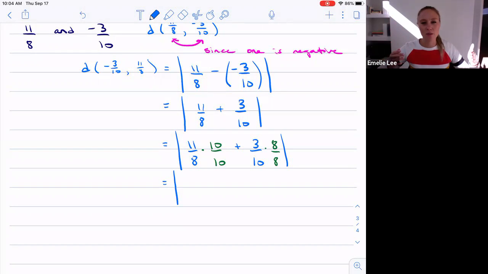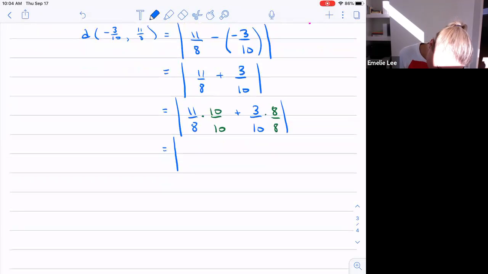A lot of the time it's going to feel tedious, but you don't want to forget about the absolute value sign later on. So we've got 11 times 10, because now we're multiplying fractions, so we multiply across. 11 times 10 is 110 over 80, plus 3 times 8, 24 over 80.